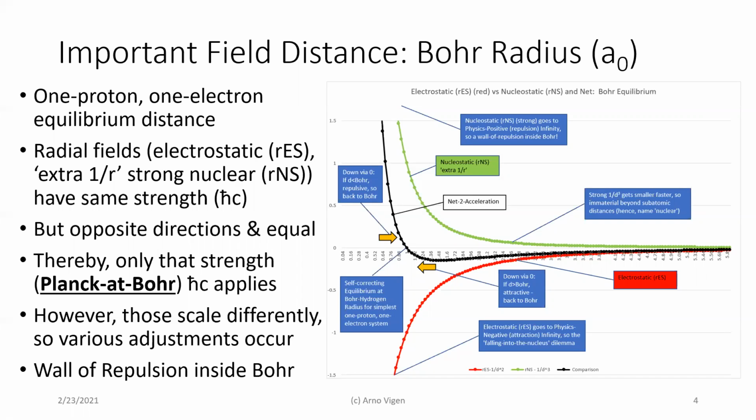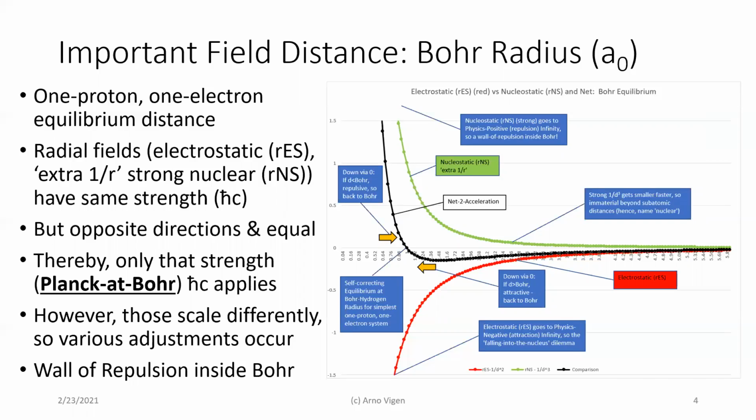Thereby, electrons, as a general rule, want to settle at the Bohr radius if they were just in a 1-to-1 ratio. Thereby, that strength, that Planck constant that we use constantly in both chemistry and in physics, is really Planck at Bohr or Planck at equilibrium. It is the strength at a position within a field.